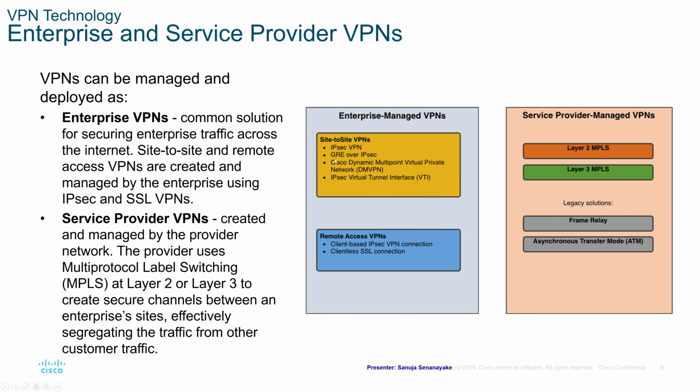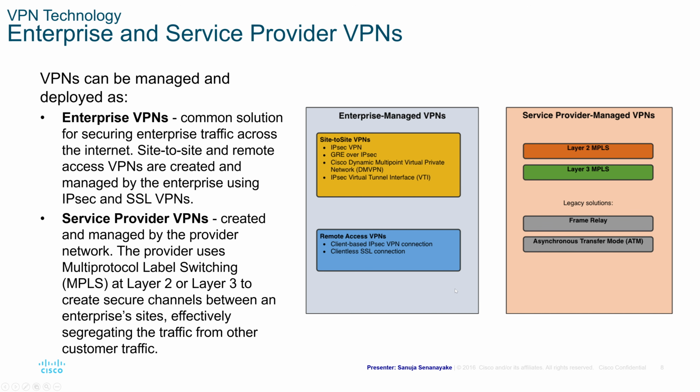They use IPsec, GRE over IPsec, Cisco Dynamic Multipoint Virtual Private Network, also known as DMVPN, and IPsec Virtual Tunnel Interface, VTI. Those are the options that they have. And for the remote access VPN, we have the client-based IPsec VPN connection or the clientless SSL connection. So either would work.